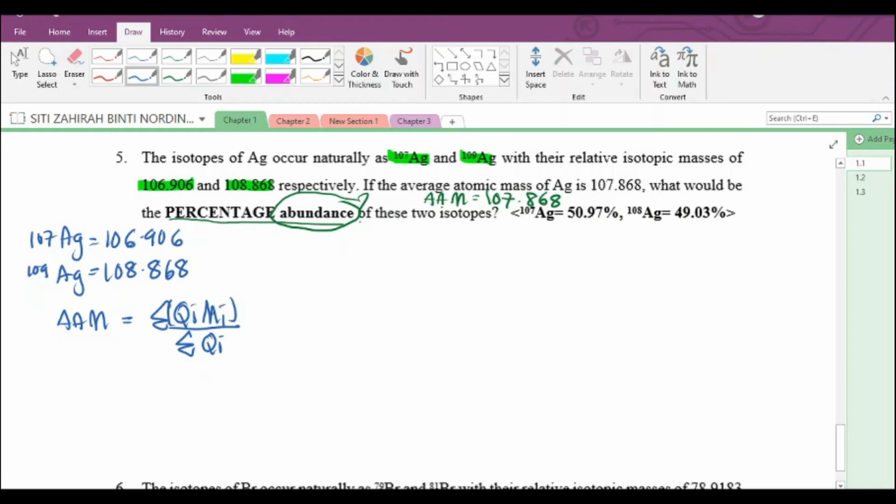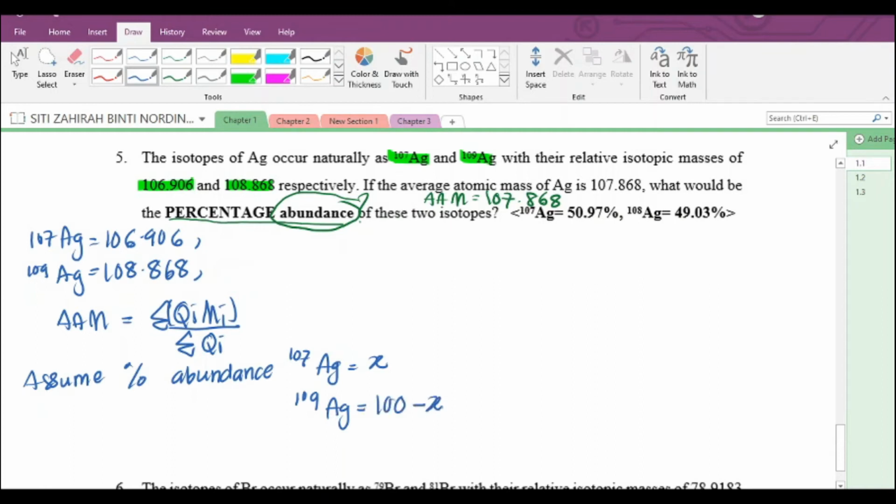Okay, so we don't know the abundance for both isotopes. Since the question asks you for the percentage abundance, you can assume that the percentage abundance for 107Ag is x, and the percentage abundance for 109Ag is 100 minus x.